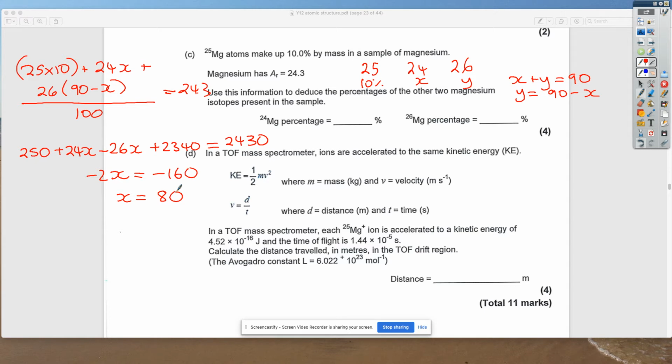And if x is 80 and y is 90 minus x, then y is 10. And so here I should have 80 and 10. Has anybody got any questions about that one?